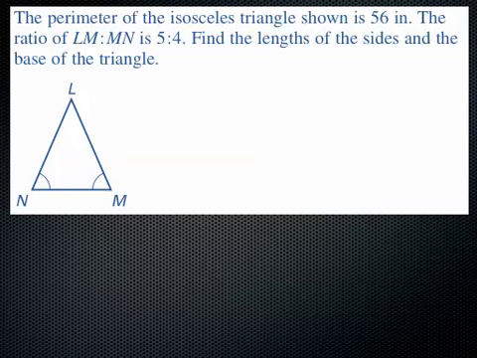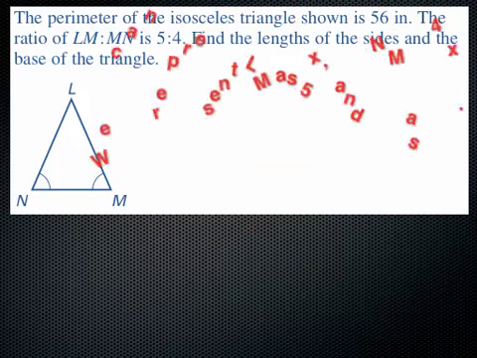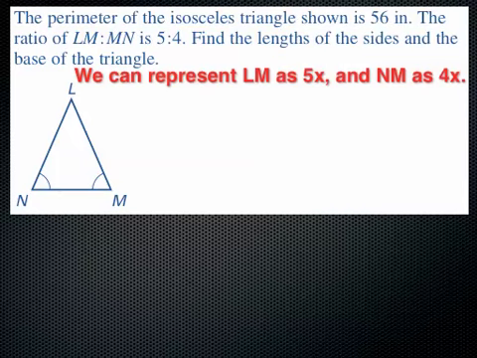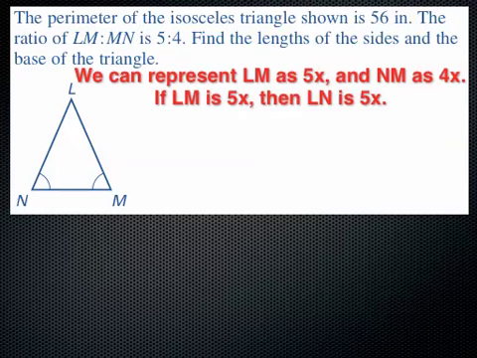And set it equal to, in this case, 56. What we can do is let LM be represented as 5x, because in the ratio the LM piece was 5, and NM be represented as 4x. Again, I'm getting that from the ratio 5 to 4. If LM is 5x, then LN is also 5x.